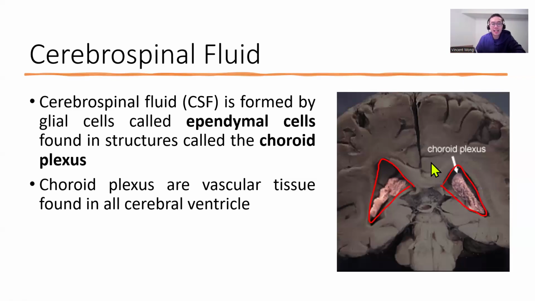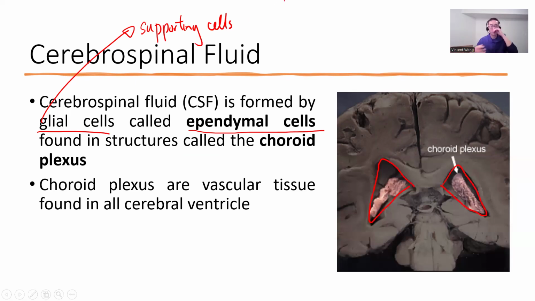Inside the choroid plexus, you will find a type of glial cells, which are called the ependymal cells. So glial cells are, once again, we learned this last lecture, supporting cells in the nervous system, and you have different types of glial cells. Some glial cells will help you form myelin. Some glial cells will help you reabsorb neurotransmitters.